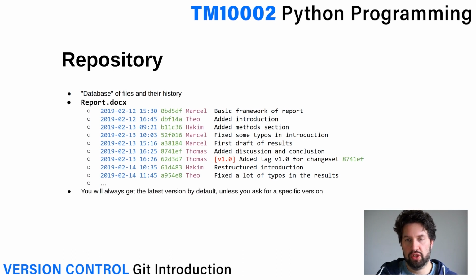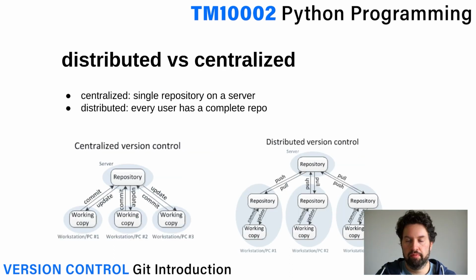If you check out a repository or clone a repository, you will always get the latest version by default. You can ask for a specific version, but it's not standard. But it is possible. So a repository can come in a distributed and a centralized fashion. A centralized fashion is what you see on the left here in the picture.